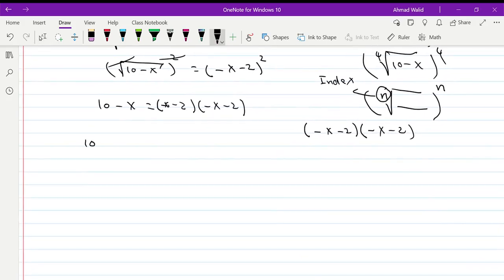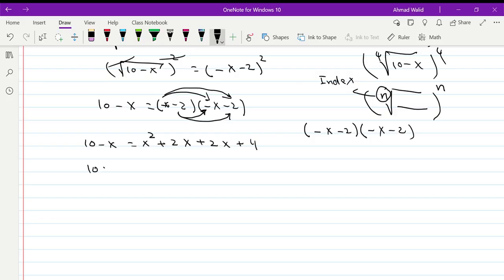Then 10 minus x equals negative x times negative x gives you positive x squared. Negative times positive, negative times negative gives you positive. X times 2 gives you 2x. Again, negative 2 times negative x gives you positive 2x. And negative 2 times negative 2 gives you positive 4.